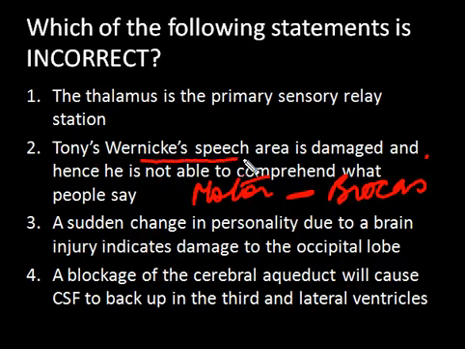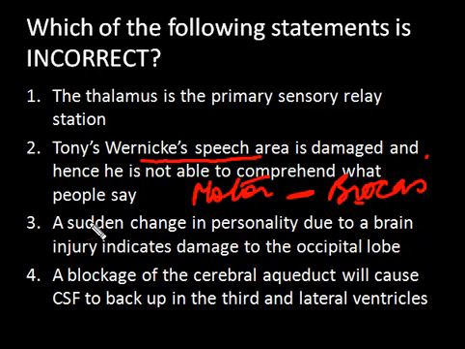In sensory speech, you don't understand what a person is saying. You can form your words normally, but because you don't understand what the person's saying, you talk nonsense, because your response obviously doesn't match what the person's trying to say. So you have to be very careful, and you must understand the difference. The motor speech area obviously is present in the frontal lobe.